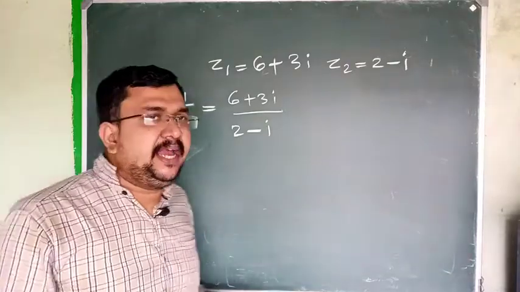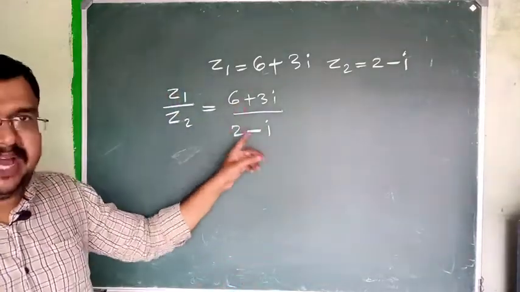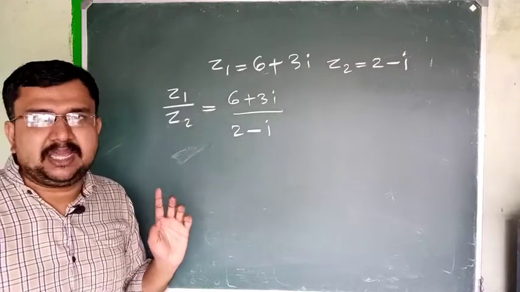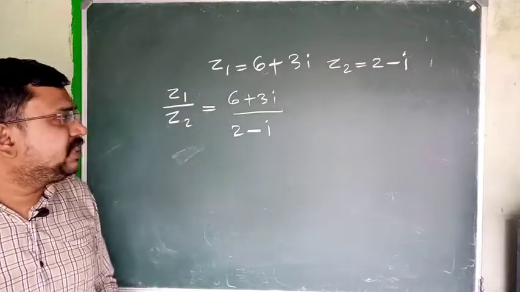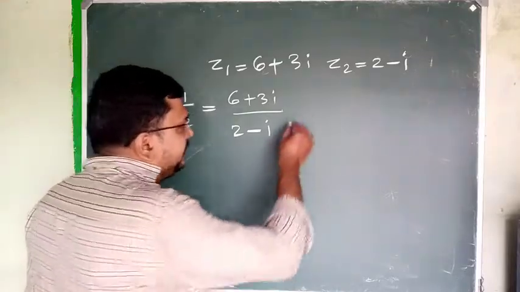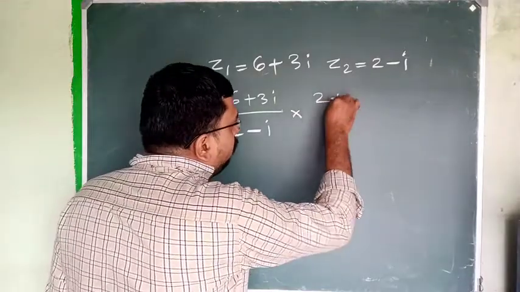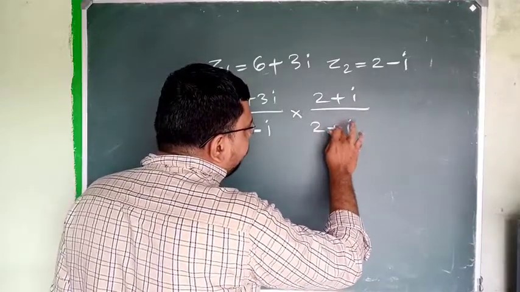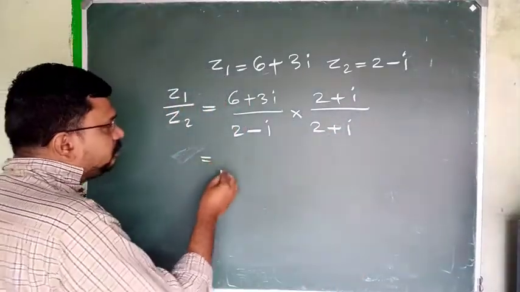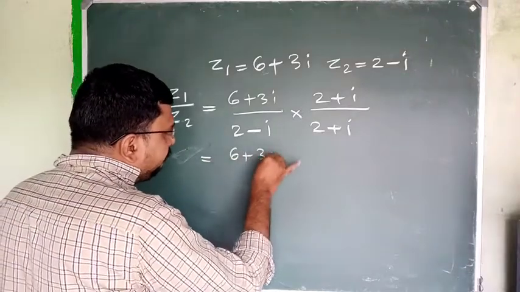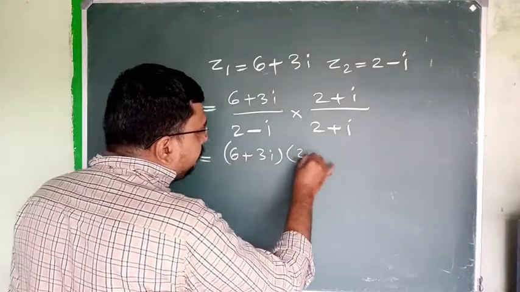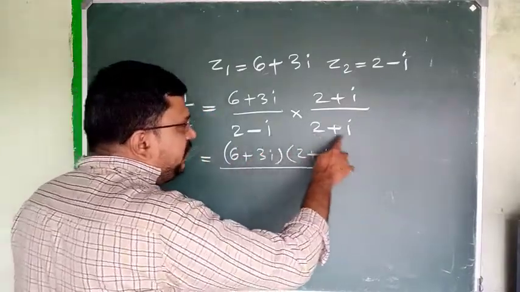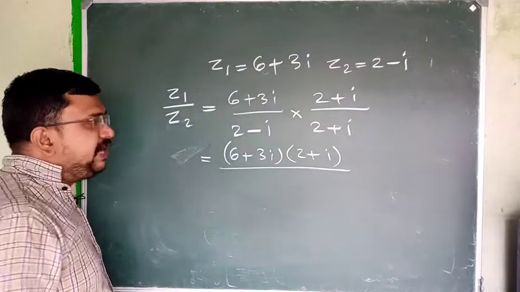Okay. Then we can find this value by using, here the denominator is 2 minus i. We may multiply with 2 plus i, so it becomes 2 plus i divided by 2 plus i. The denominator is a minus b into a plus b, which is a square minus b square.